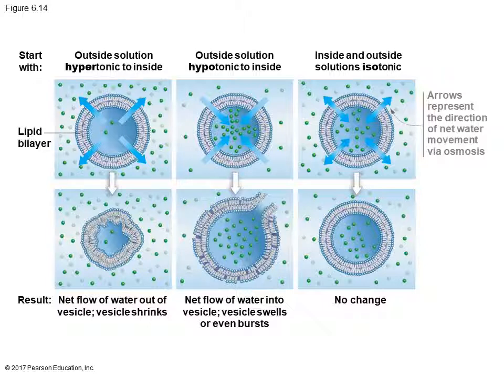In a hypotonic solution, there are more molecules inside of the cell than outside, and therefore water will flow into the cell following those solutes. And when it does, it'll increase in size and increase in weight. In an isotonic solution, the concentration of molecules is relatively the same outside and inside of the cell, and therefore there's no net movement of water, and there should be no change in cell size, nor should there be a change in cell weight.